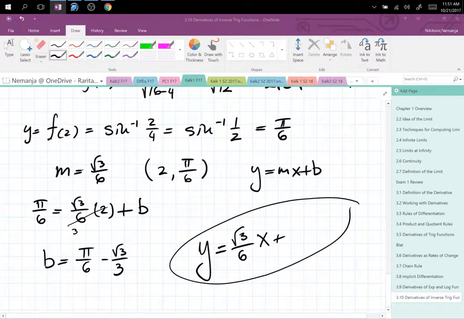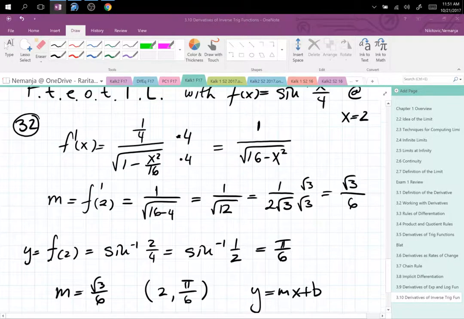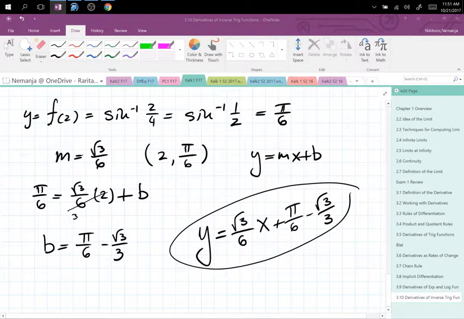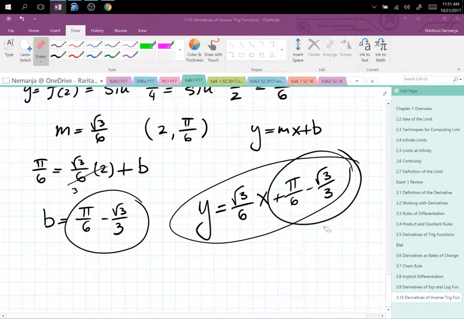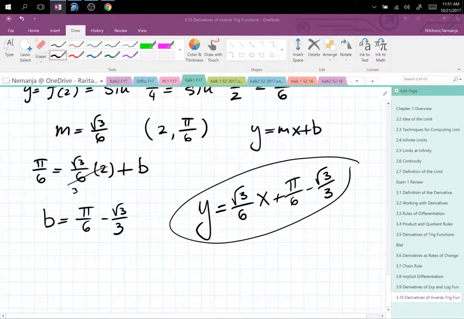This is probably one of those cases where it doesn't sync, so it just erases what I wrote. And the rest is there. Yeah, it's plus b. So this whole thing is b, which goes there, and that's it. Well, thank you for catching that.